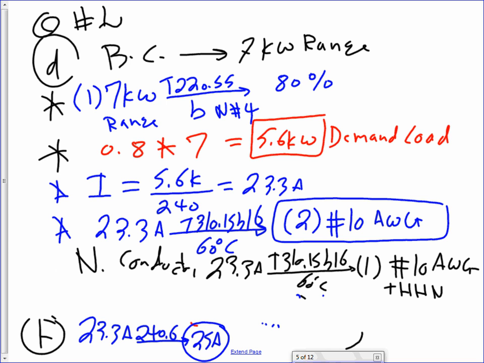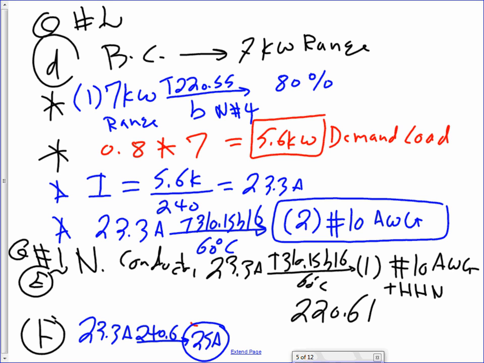So that would be for the neutral, E. For neutral, we don't apply the derating factor on a branch circuit, based on 220.61(B), I believe.